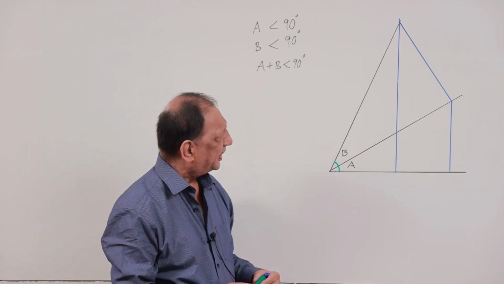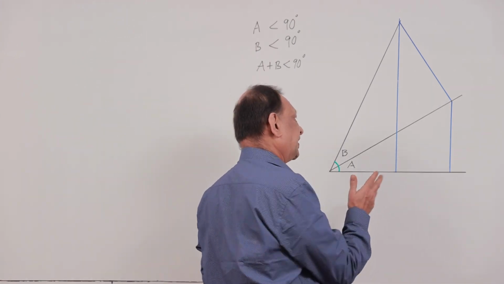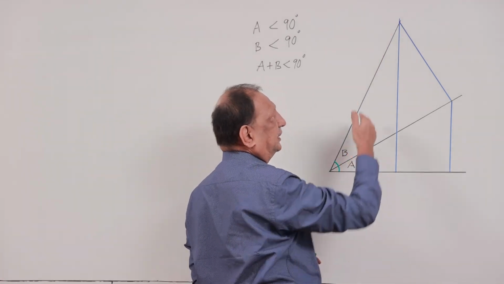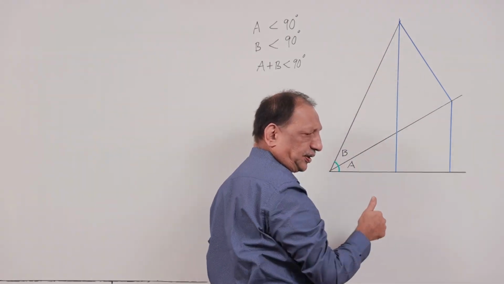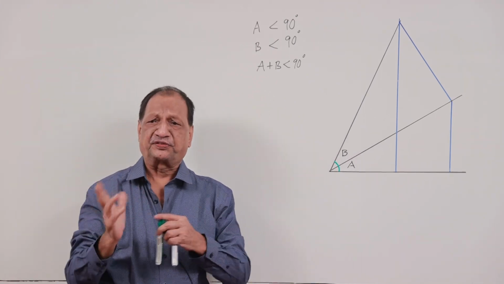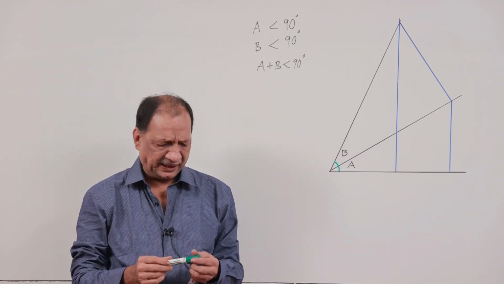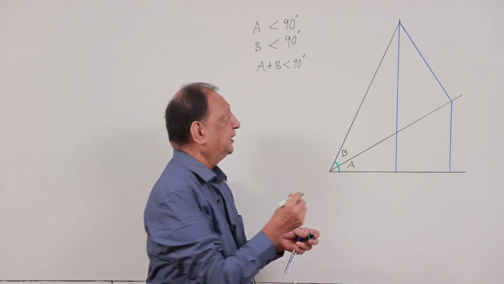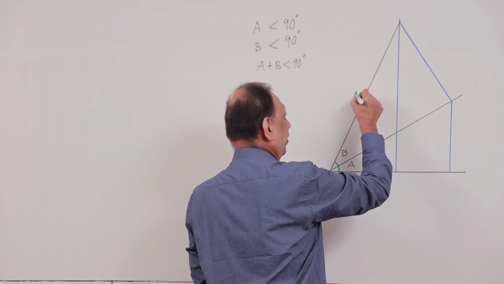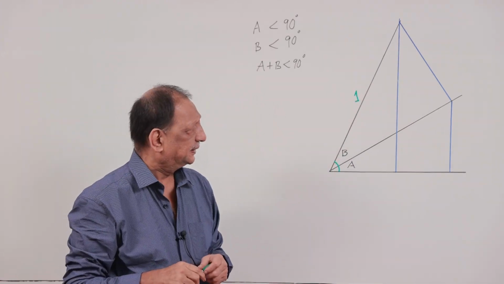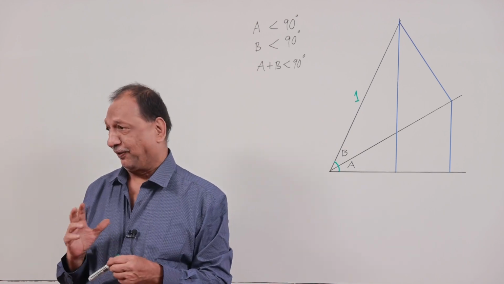This hypotenuse, because of Thales' theorem, it doesn't matter how long that is, from which point we start drawing the perpendiculars, it makes no difference because we are only looking at ratios of the sides. I can, without loss of generality, assume that the hypotenuse is 1. Just assume it is 1 unit, doesn't matter. That makes life simpler.